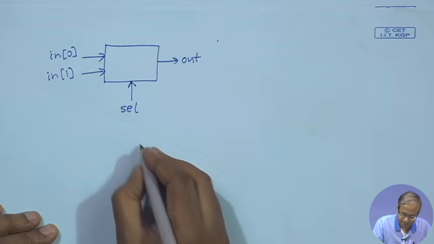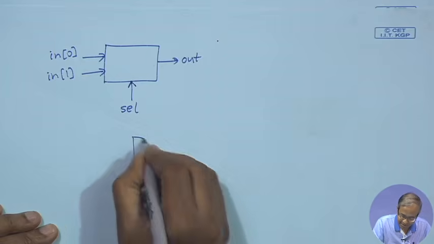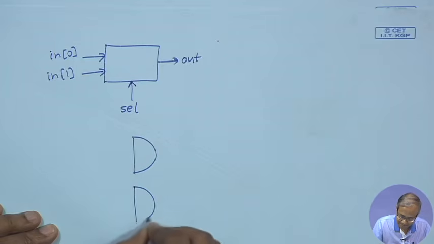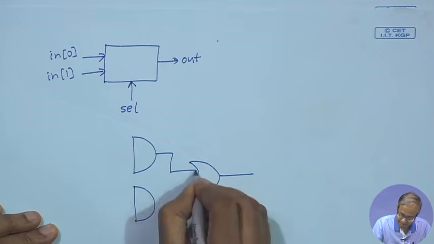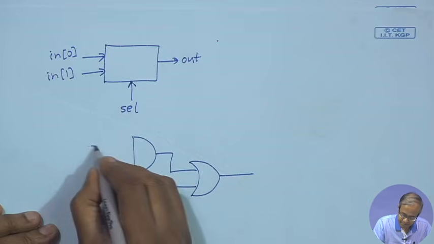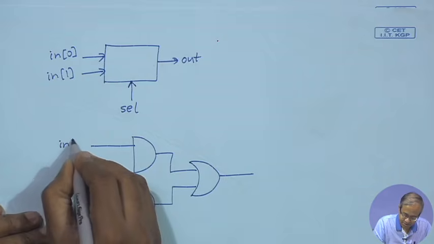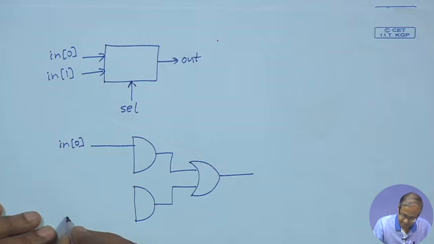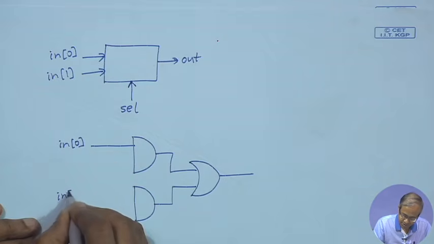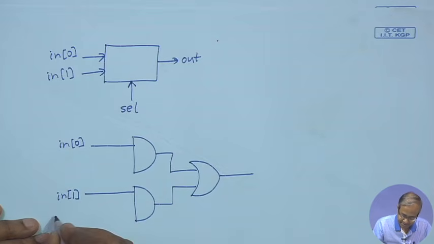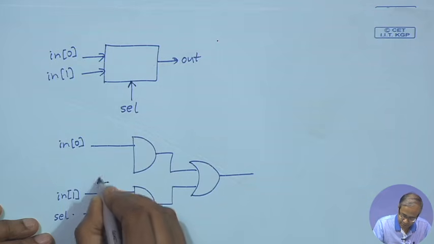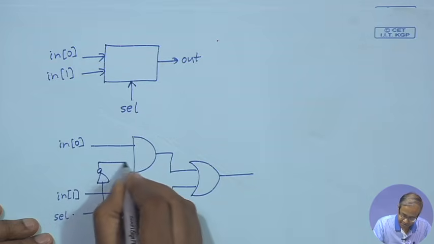So, the way you can implement it is like this, you can take 2 AND gates and an OR gate. This in 0 can be connected here, this in 1 can be connected here, and this sel you can connect directly here and through an inverter here.